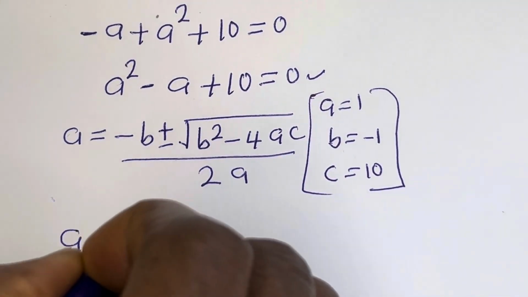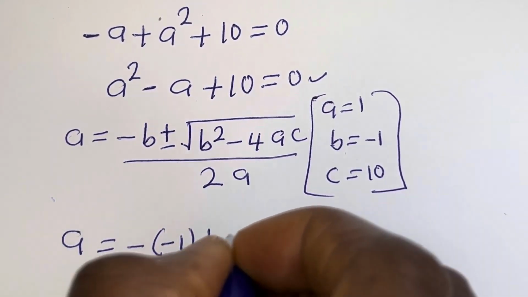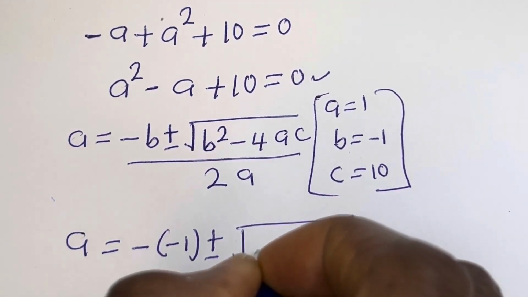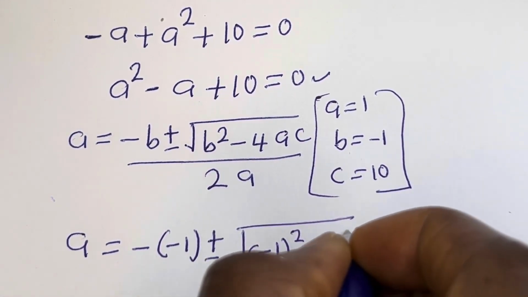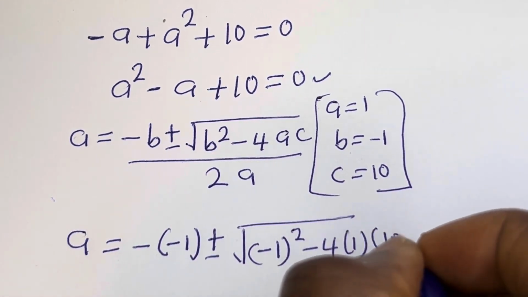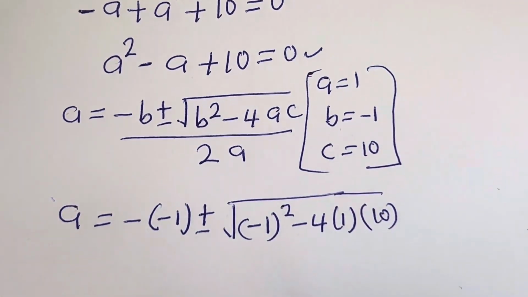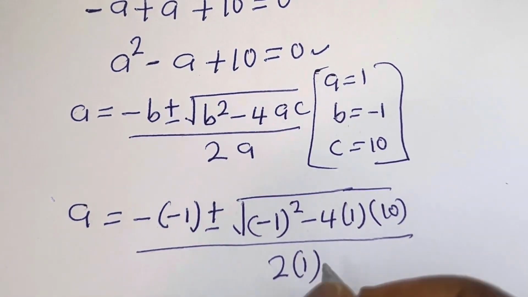Then x is equal to minus (minus 1) plus or minus square root of (minus 1) squared minus 4 multiplied by 1 multiplied by 10, everything divided by 2 multiplied by 1.